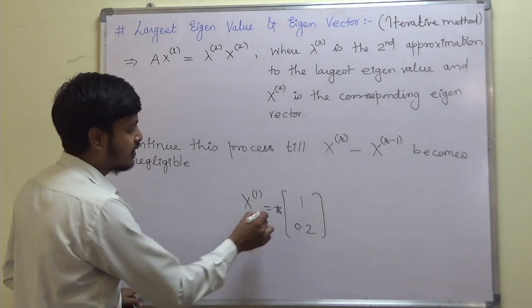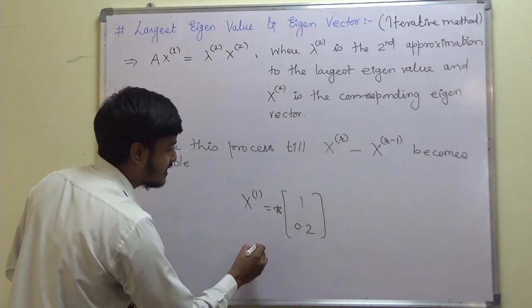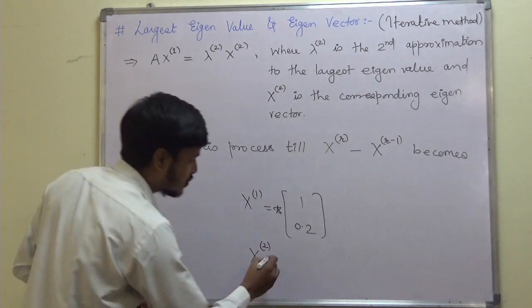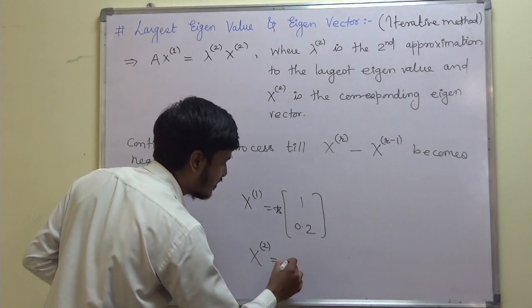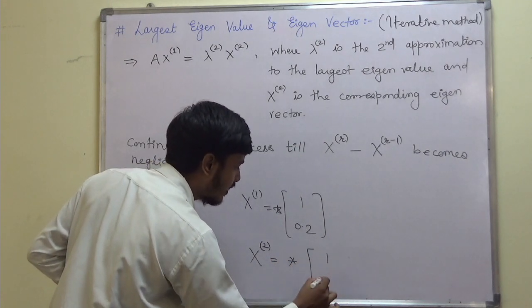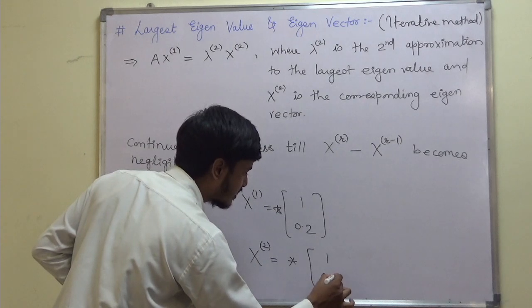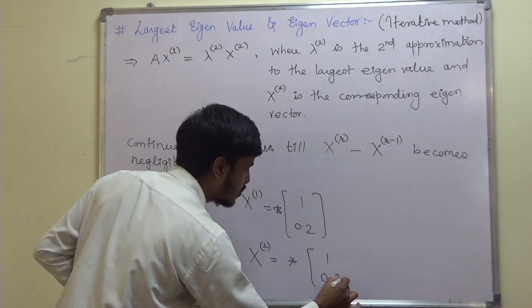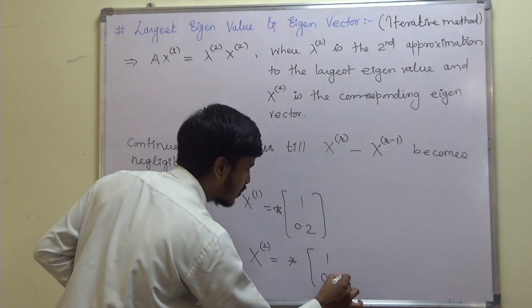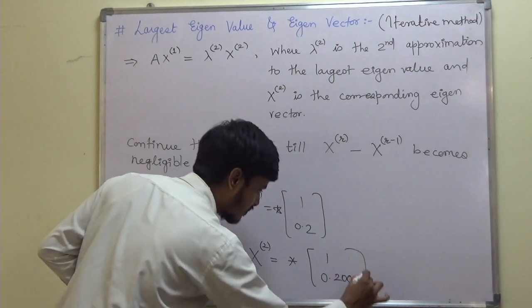Now using this x1 you have found x2. So x2 is something like an asterisk, then 1, 0.2001, for example.